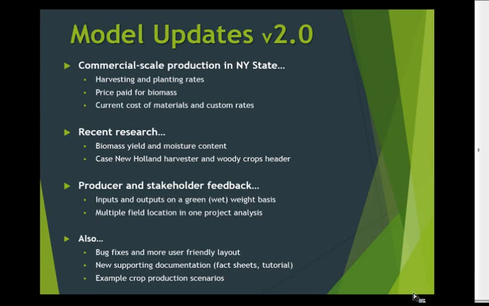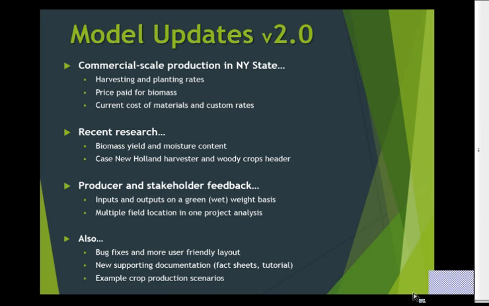So that's some of the background on the model. More specifically, in the newer version, some of the things that we've tried to incorporate are mainly data that we've collected from commercial scale production in New York State. Things like harvesting and planting rates collected through the use of GIS technology, the current price that's being paid for biomass and other market considerations, current costs of materials and custom rates for doing some of these farming operations.